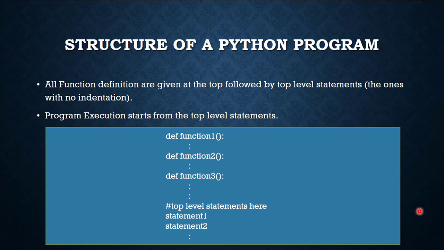In a Python program, all the function definitions are given at the top of the program, followed by top level statements. Top level statements are the statements that are not part of any function, or we can say that are not indented at all.